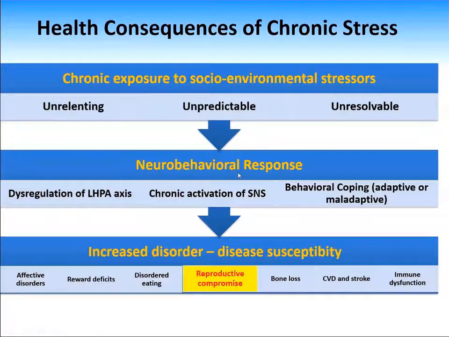So the neurobehavioral responses often manifest as dysregulation of the limbic hypothalamic pituitary adrenal axis, a chronic activation of the sympathetic nervous system, and either adaptive or maladaptive behaviors that ensue. But under a condition of chronic stress, not only do you get reproductive compromise, you often get disordered eating, reward deficits, affective disorders, and of course, bone loss, cardiovascular disease, including stroke, and immune dysfunction.